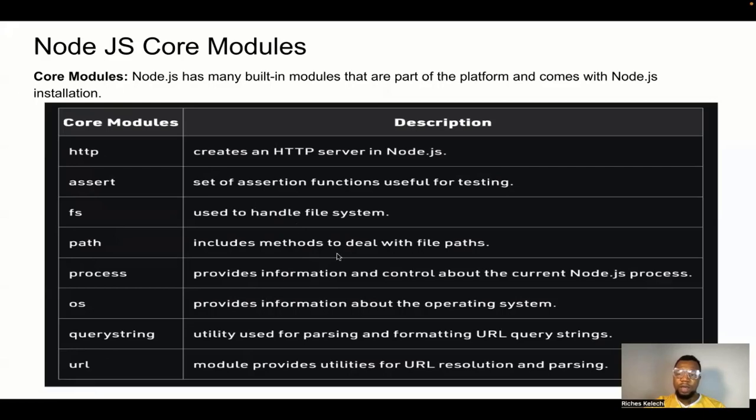We have the HTTP module, which creates a server in Node.js. Whenever you want to create a server in Node.js, you're expected to use this HTTP module to create that server. Depending on what you want to do, all these modules can come in handy.